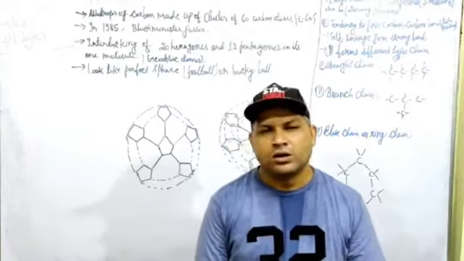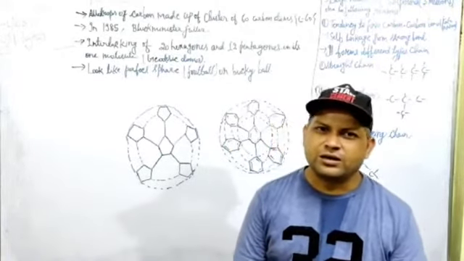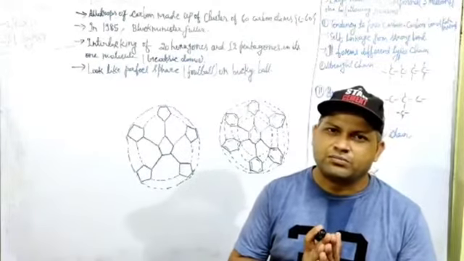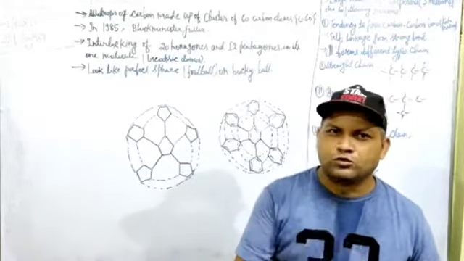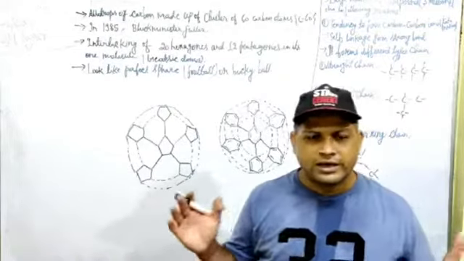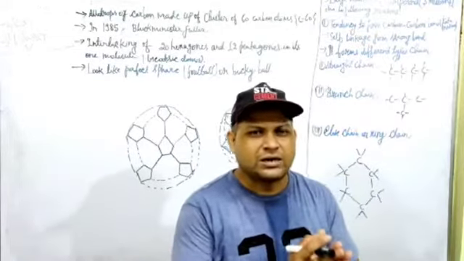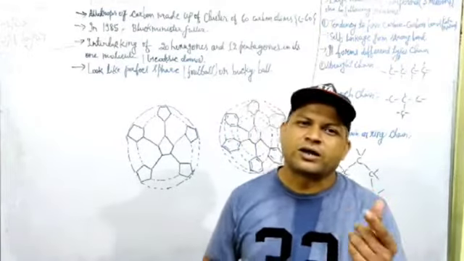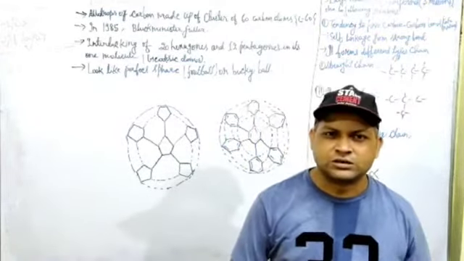Actually, this fullerene contains 60 carbon atoms in its molecule, which are interlocked to each other with either pentagon structures or hexagonal structures.